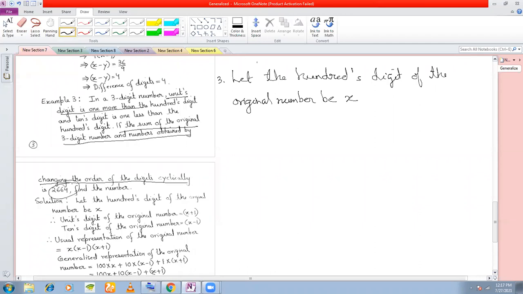The units digit is one more than the hundreds digit. Therefore, what should be the units digit? One more than the hundreds digit. That means the units digit will be X plus 1. Next condition, the tens digit is one less than the hundreds digit. So what should be the tens digit?